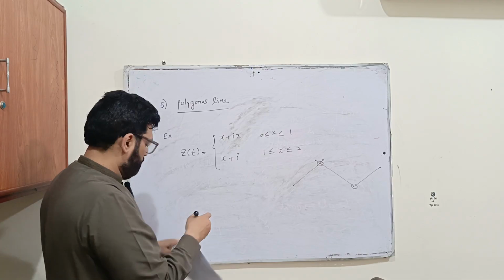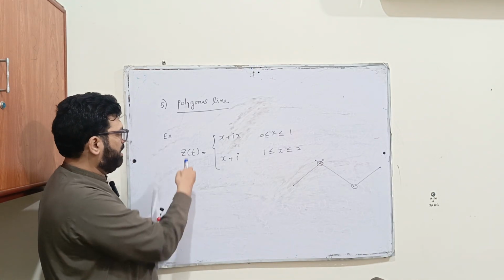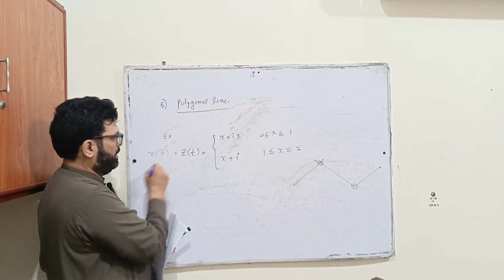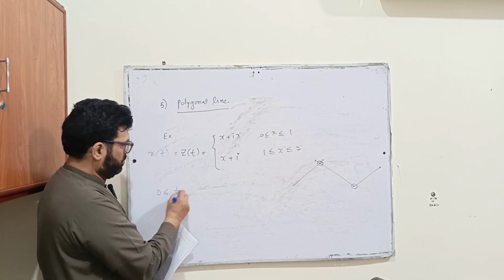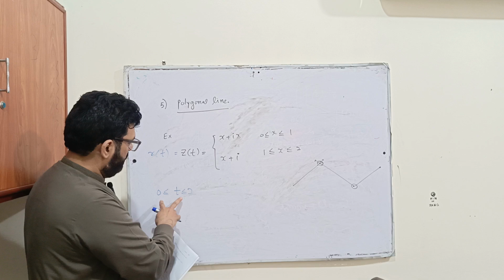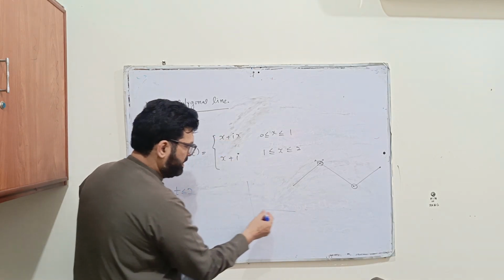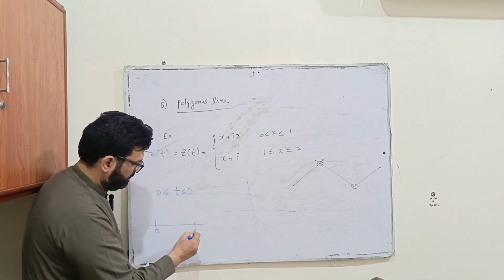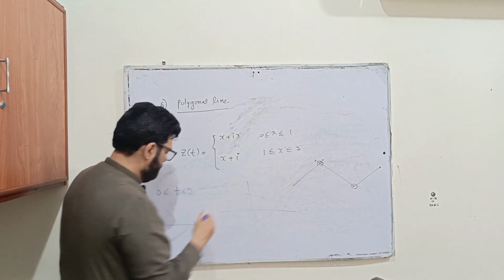For example, we have this example of a gamma or z of t. This is gamma of t, and t is from 0 to 2, defined in this way. First part is from 0 to 1.